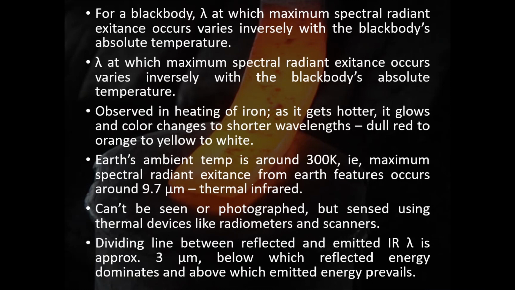So the reflected infrared and the emitted infrared are in different ranges, as I mentioned earlier. The lower wavelengths are the reflected IR and the higher wavelengths are the thermal IR, which is basically the emitted IR. So you can develop sensors for recording or obtaining information in those wavelengths higher than our red infrared.